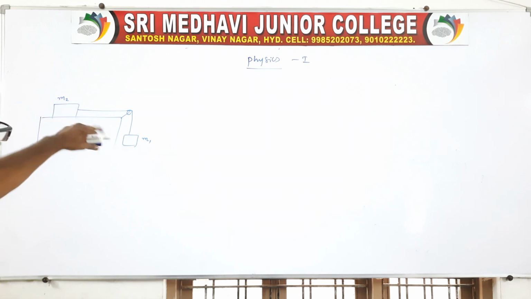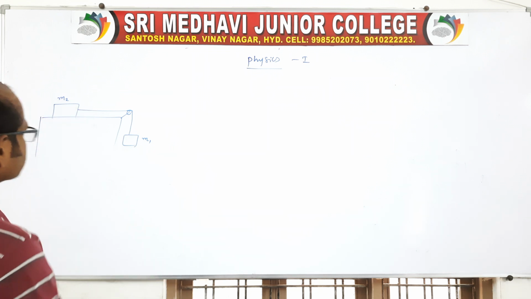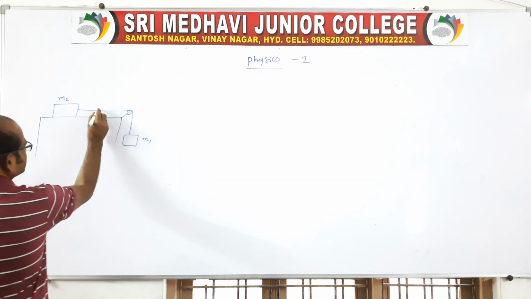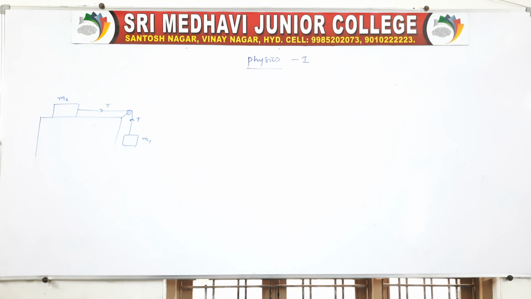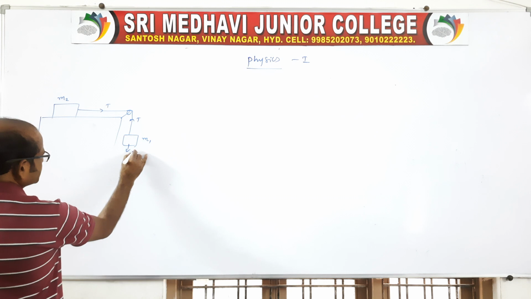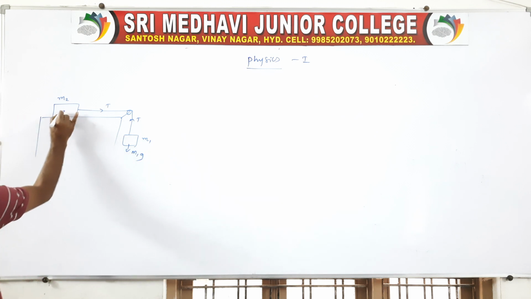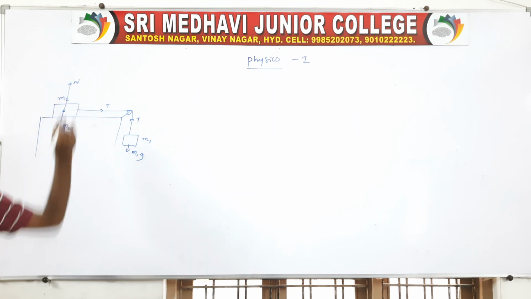The tension remains constant because it is a massless thread. The weight m1g is acting down, m2g is acting down, and there is a normal force acting up.